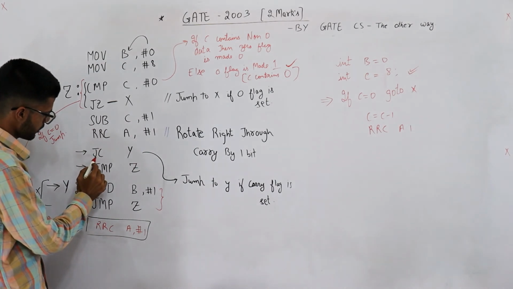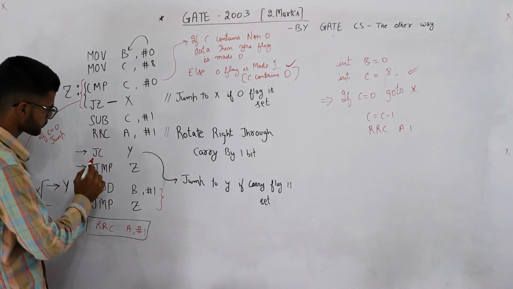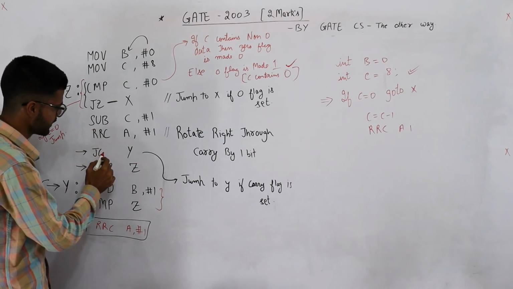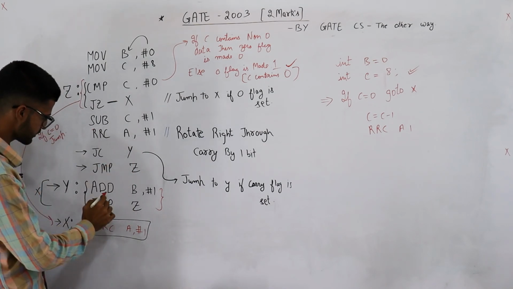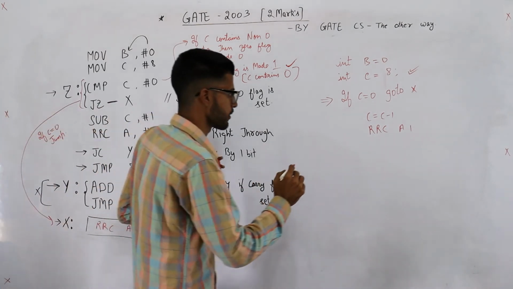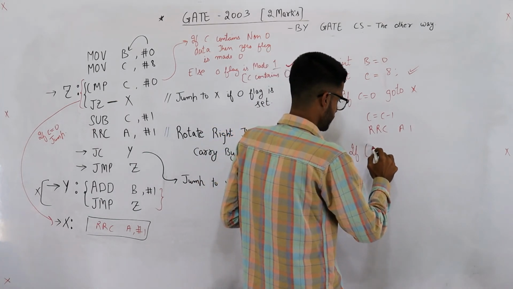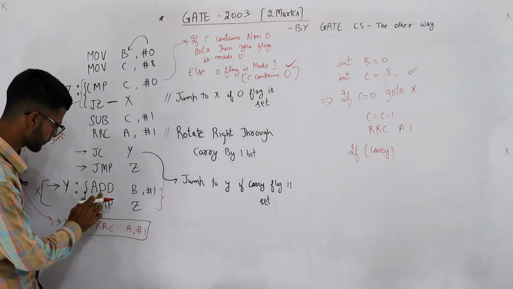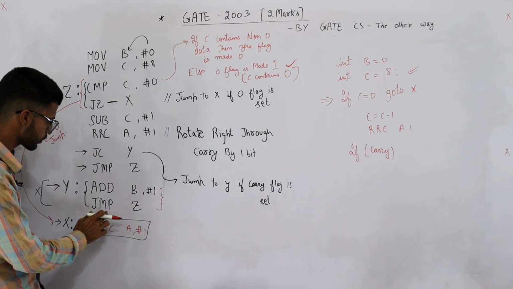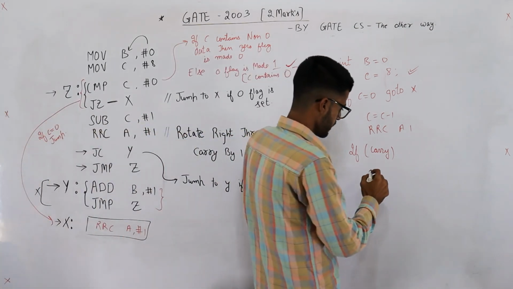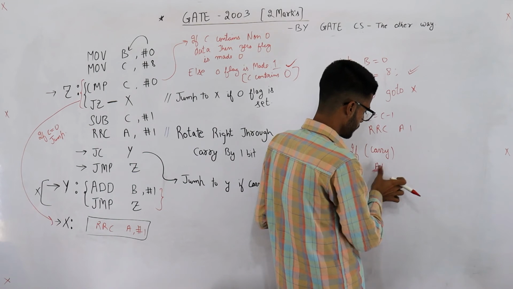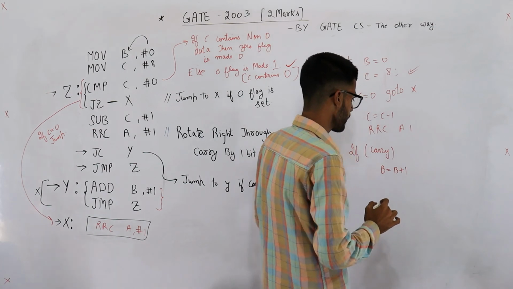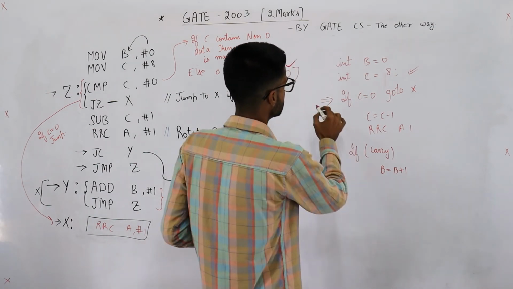Just see, JC Y. JC is not for just C. It's jump if carry. Jump if carry to Y, and Y is these two lines. In case of carry, what are we doing? We are executing Y, and Y says add 1 to B and go back to Z. Or let's simply say B is equal to B plus 1 and go back to Z here.